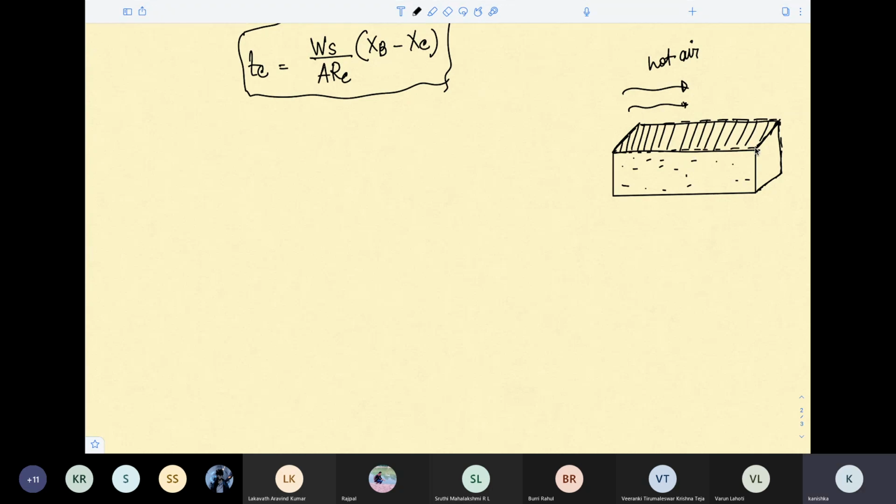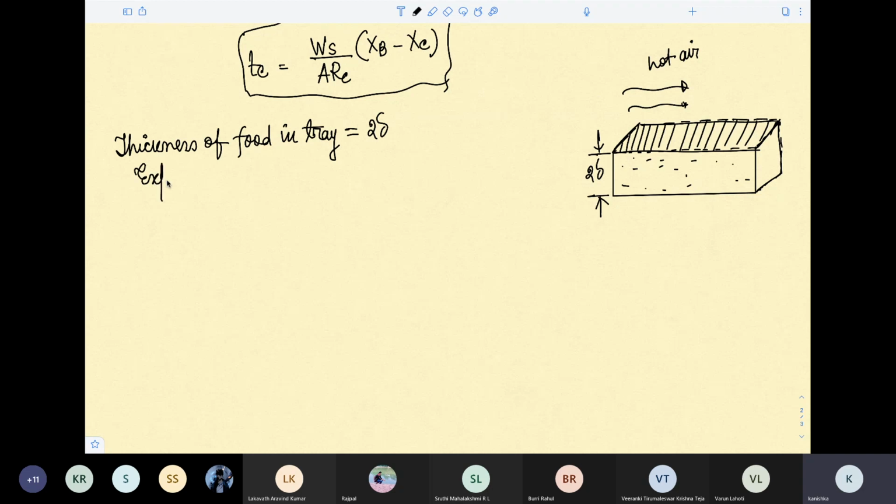Now let's say this is the thickness of the food material. Let's say this is 2 delta. Thickness of food in tray equals 2 delta.